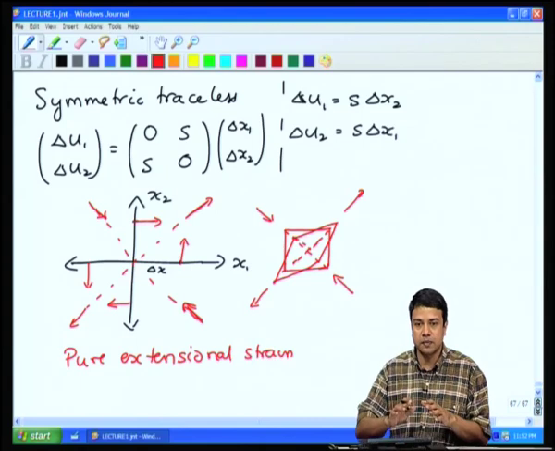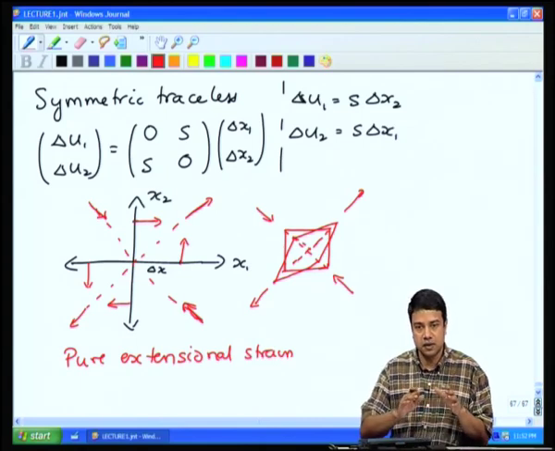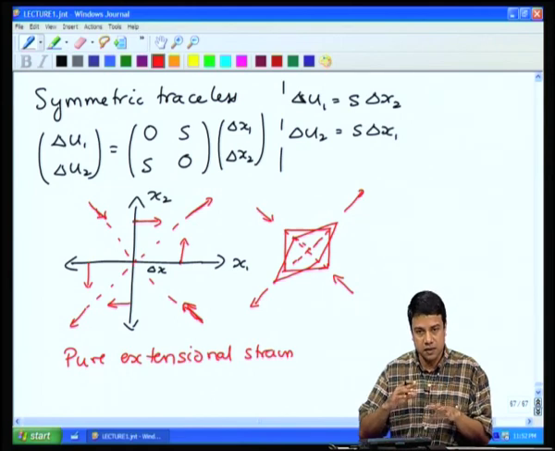So, the antisymmetric part of the rate of deformation tensor cannot generate a stress. If the fluid is incompressible, the isotropic part also is equal to 0, because there cannot be volumetric expansion or compression if the fluid is incompressible. The only part that will generate a stress is this extensional strain, the one that does not cause any rotation.